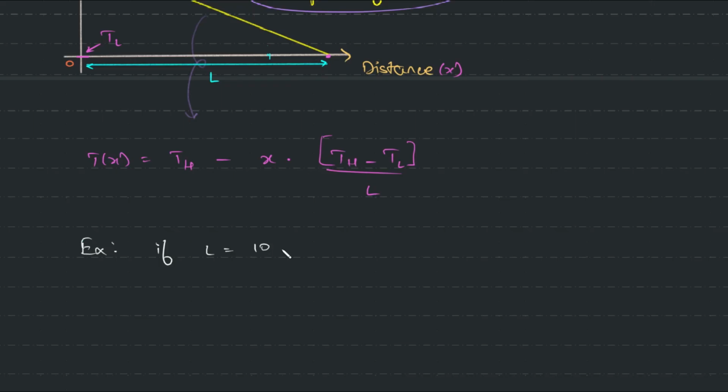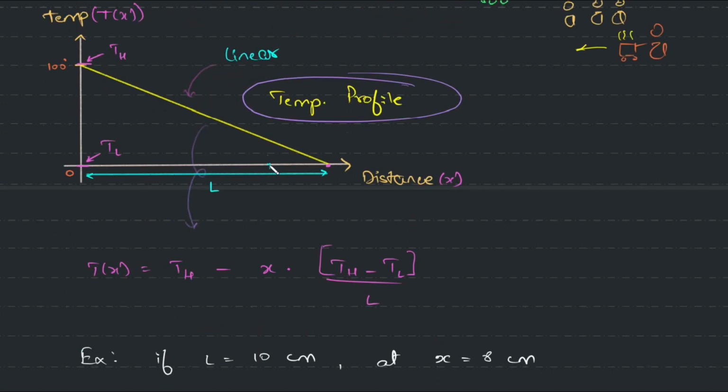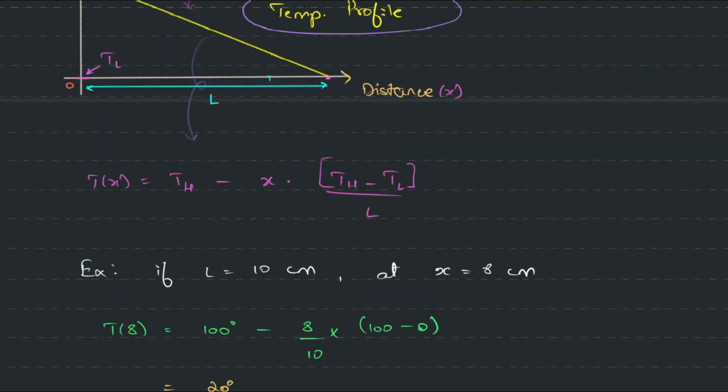If L is 10 centimeter, at x equal to 8 centimeter, T of 8 is equal to 100 degrees Celsius minus 8 by 10 into (100 minus 0). When you solve it, you'll get 100 minus 80, which is 20 degrees Celsius. So at this point, it will be at 20 degrees Celsius. That's what the formula is talking about.